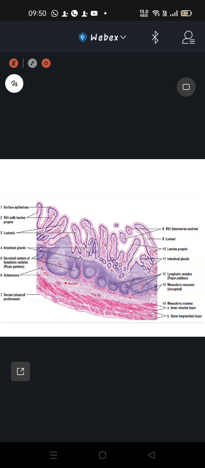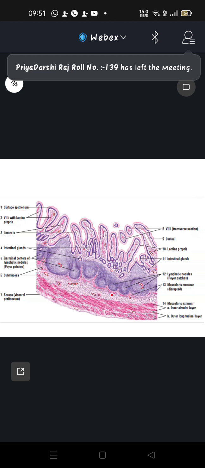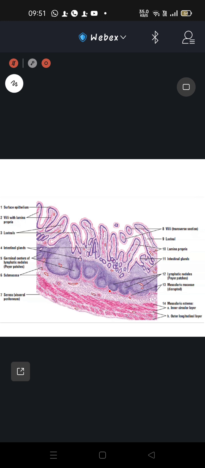That's why what we can see here is that the submucosa is filled with lymphatic aggregation, the lamina propria is filled with lymphatic aggregation, and the interface, the muscularis mucosa, is interrupted or disrupted only because of the extension of these lymphoid nodules of Peyer's patches into the lamina propria.